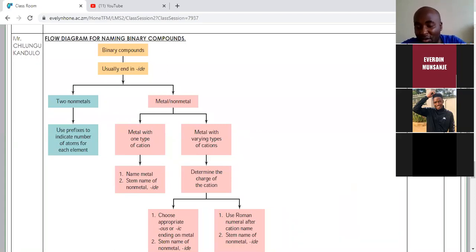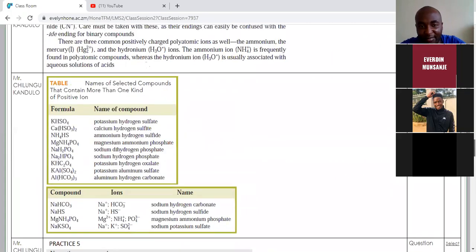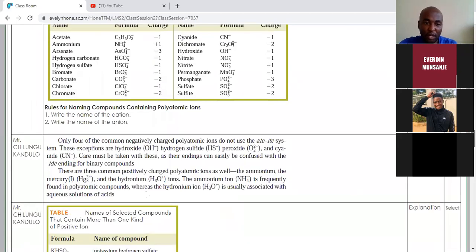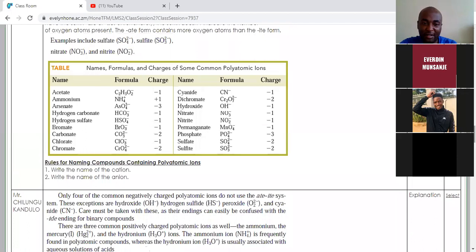Anyone who is inspired to conclude the lesson? Nomenclature is practice, guys. So go and look up the polyions, especially the dichromate, now the permanganate, then there's also hydroxide, then cyanide, carbon and nitrogen.